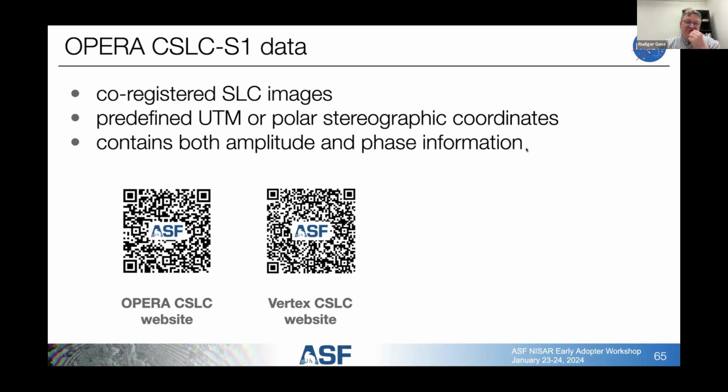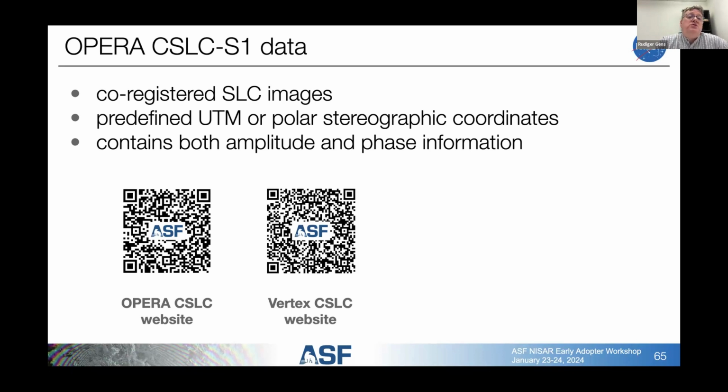Most of this is informational, and as I said, the contents of this introduction will be covered in a number of the tutorials. So I've included a number of QR codes here that allow you to go directly to the Opera websites, and in this case the Vertex website, where you can directly look at the CSLC.